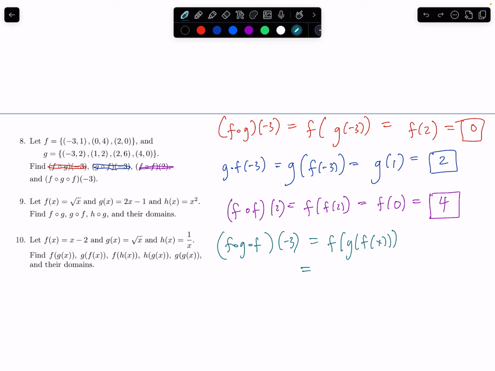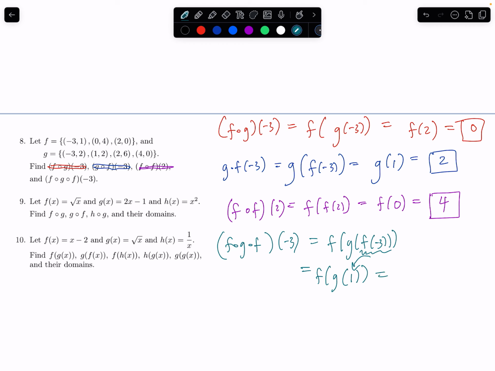So first thing is the most inside, right? Is the f of -3. We know that in particular the number here is -3. So f of -3, if I plug in -3, I pop out a 1. So this should be f of G of 1.